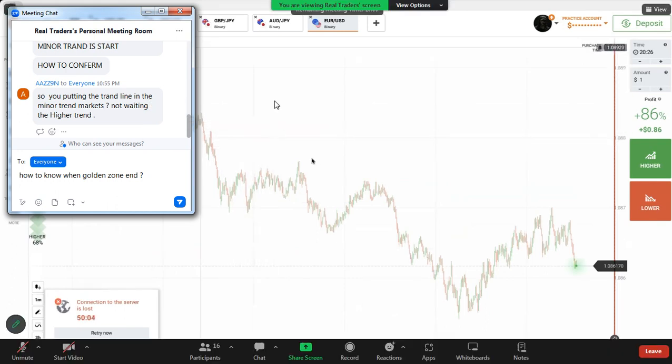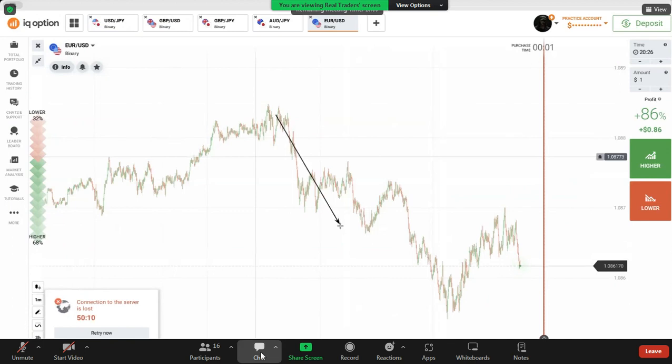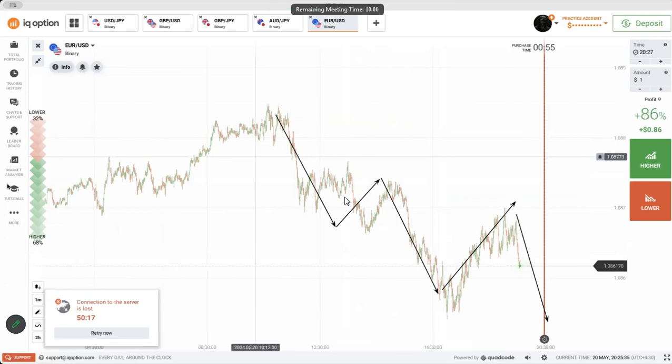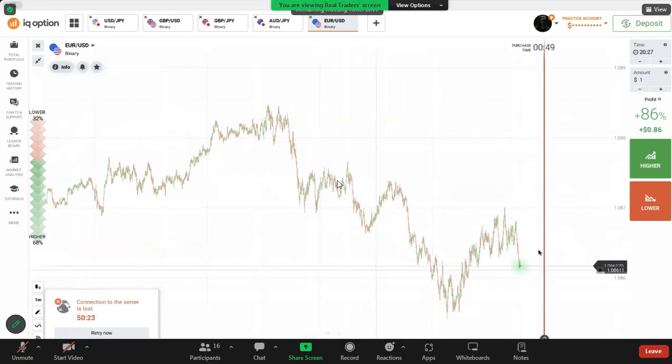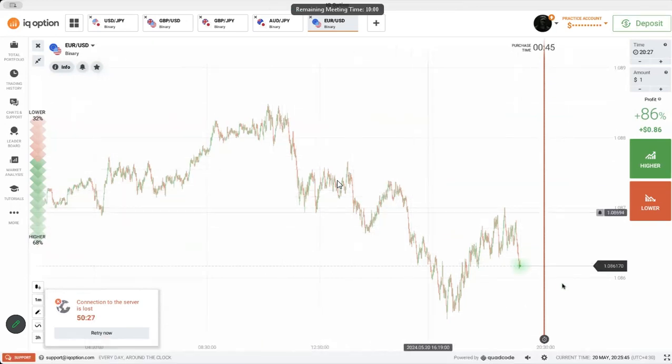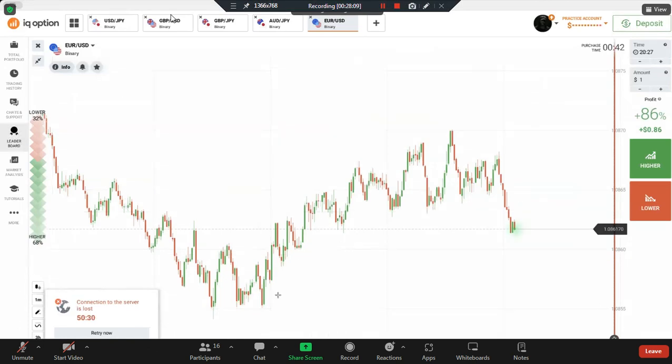Yes, the minor trend. For example, the major trend here is down, right? You want to follow the minor trend down, with the major and minor in the same direction. So I don't draw my trend line with the major.